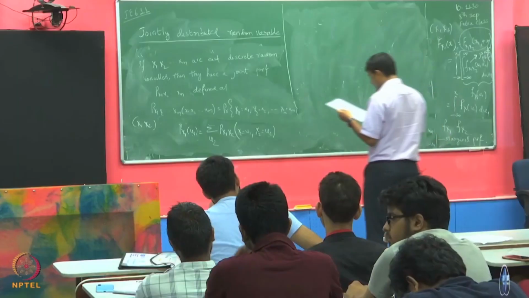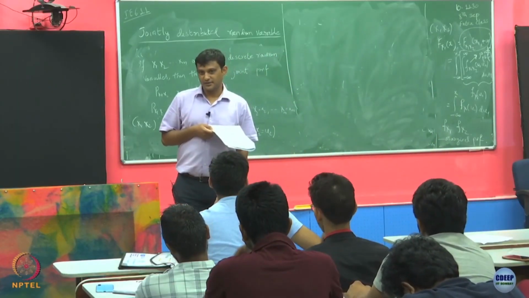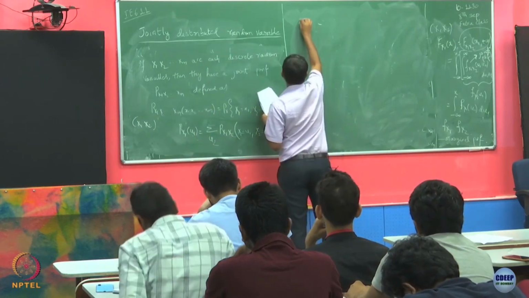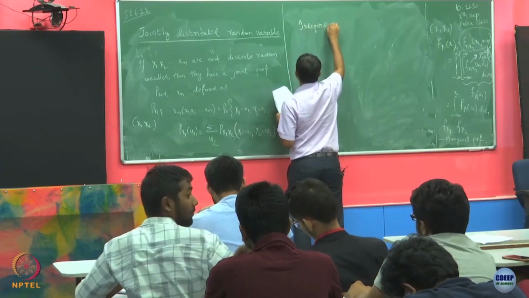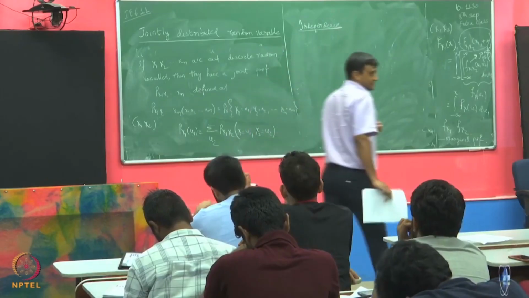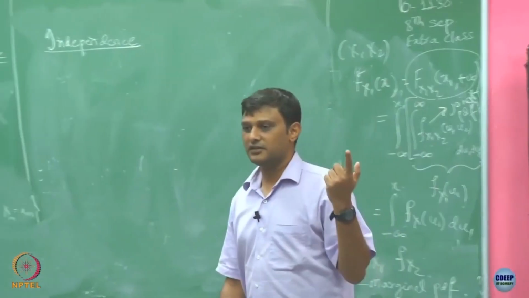Okay. Now we will formally define what we mean by independence. So that is our next topic. What do we mean by independence of random variables? We know what we mean by independence of events.